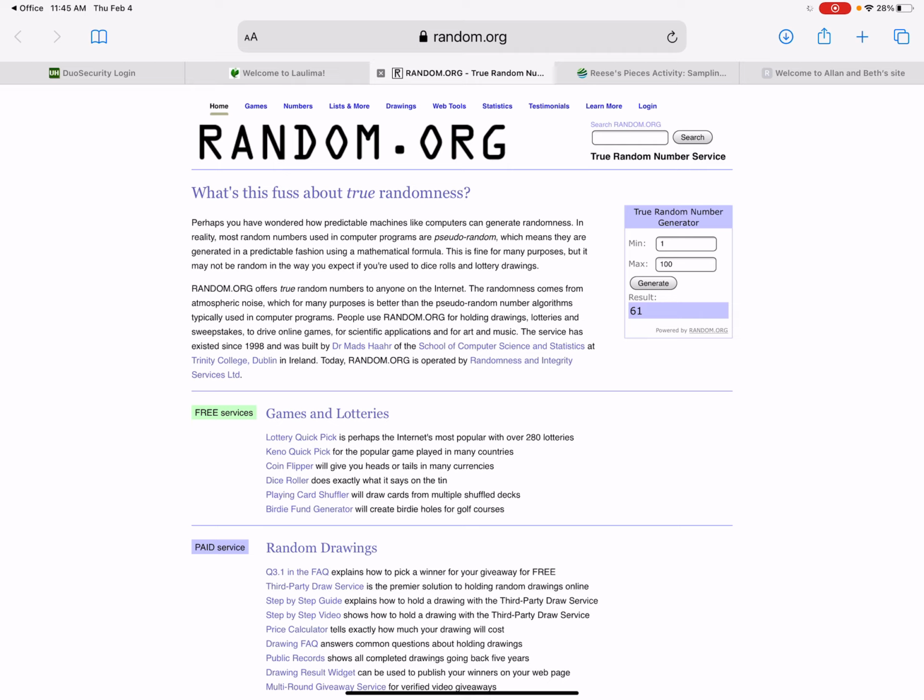So when we talk about random in research, it's a specific meaning of the word, truly random. There is no way, shape, or form that there's any pattern to drawing these names or drawing that sample.